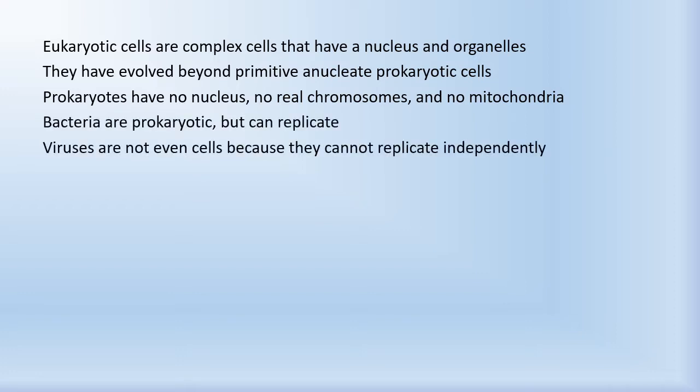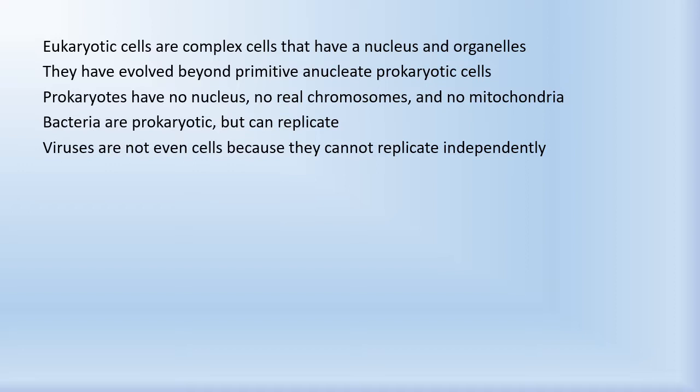Bacteria are prokaryotic, but they can replicate. In other words, they are anucleate. They don't have a nucleus, but they can still replicate. And this replication in terms of bacteria and infection may be called colonization.